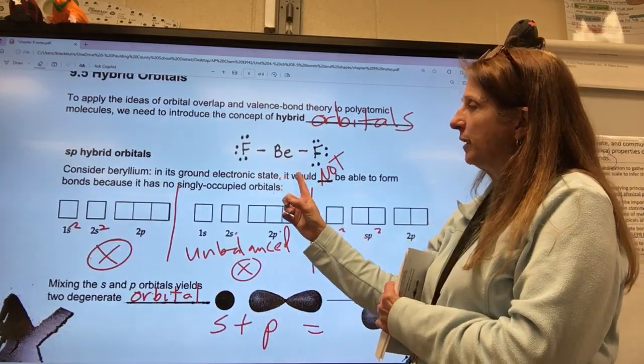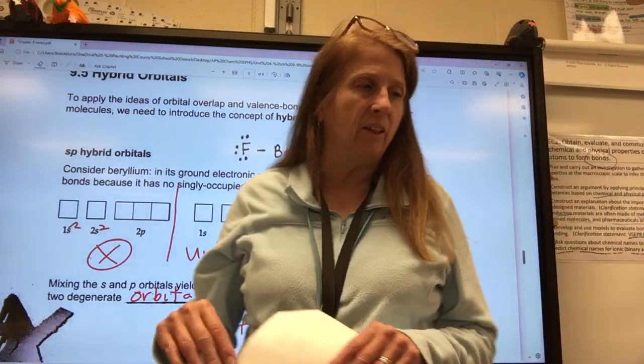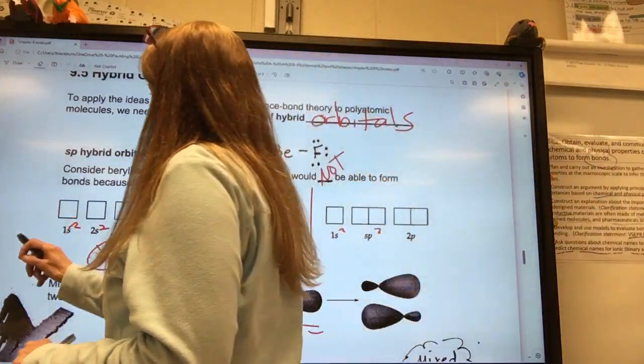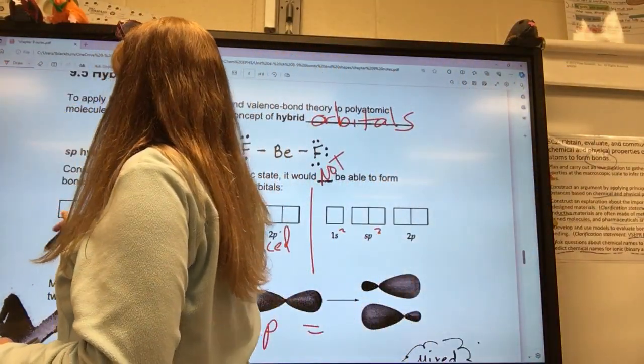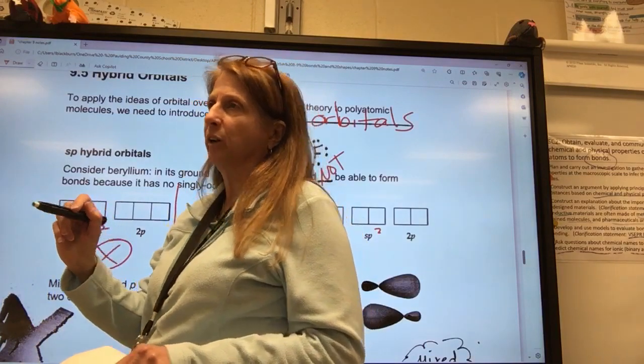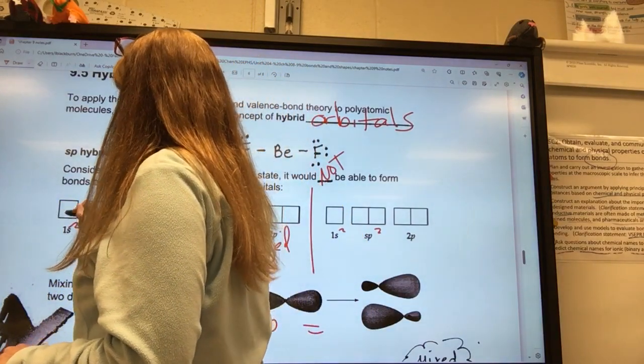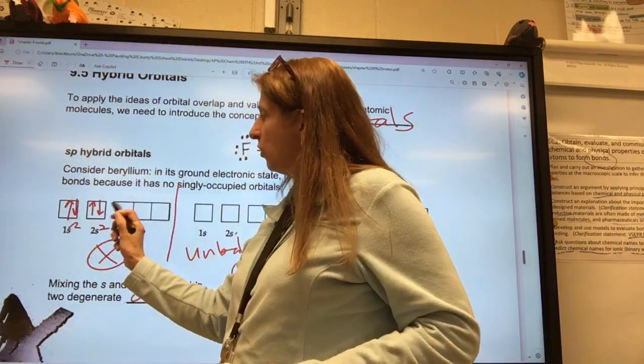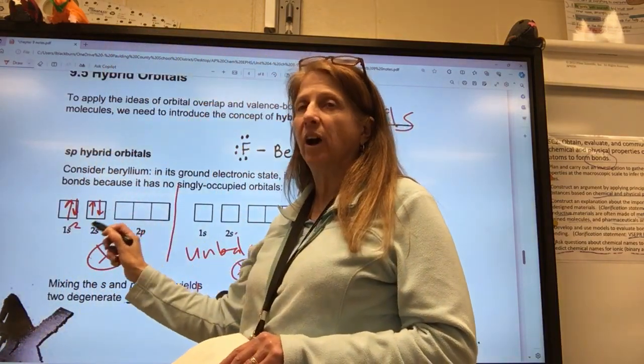So here we've got beryllium. And if we did the electron configuration of beryllium, what would it be? Y'all tell me, what's the electron configuration for beryllium? 1s2, 2s2. Atoms will only bond where there's 1 arrow, not 2.